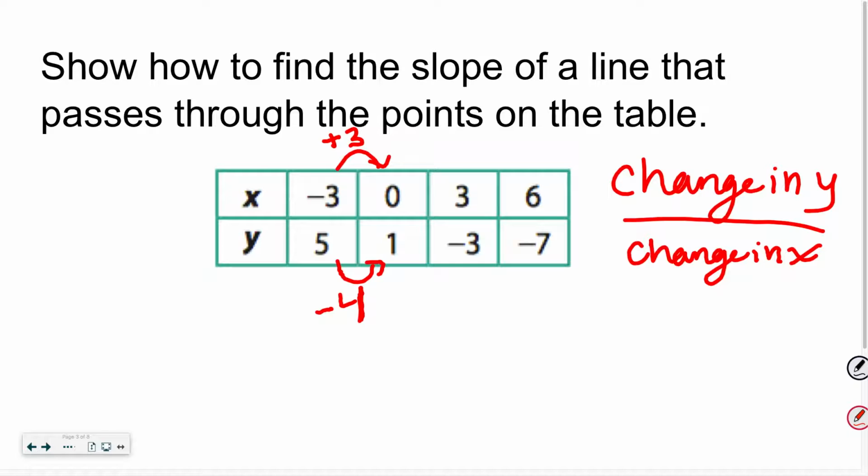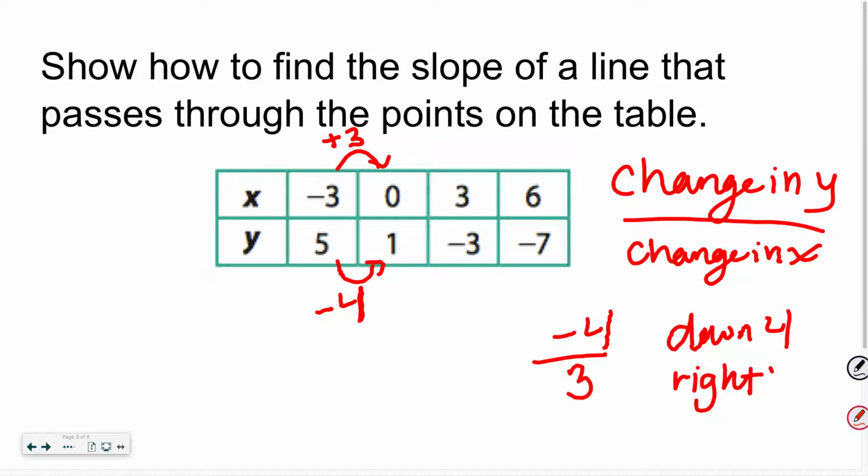Which one do we change? Change in y over the change in x. The 4 goes on top. Okay, so what would our slope be? Put it all together. -4 out of positive 3. Negative 4/3, which means I'm going to go down 4 units and to the right 3 units. For every 1 unit of x, I'm actually decreasing my y value by 4/3.